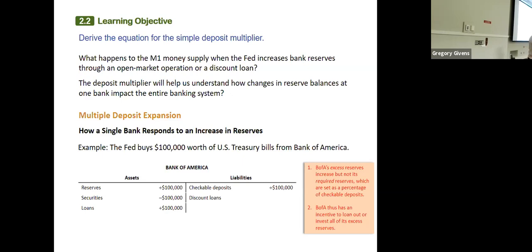But they pay for that by drawing down their reserve balances with the Fed, by the Fed debiting their reserve account. And so there's a $100,000 reduction in liabilities matched by the same reduction in assets. But notice here that nothing has happened to loans. Bank of America, you still have this loan obligation with me. And so that's considered an asset for Bank of America.